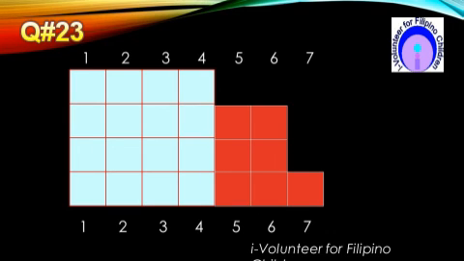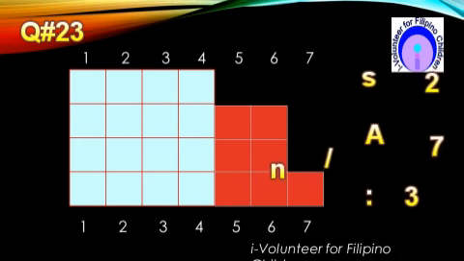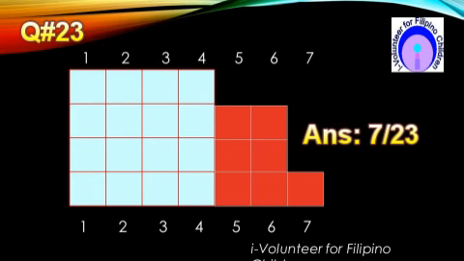What fraction names the red squares? The answer is 7/23.